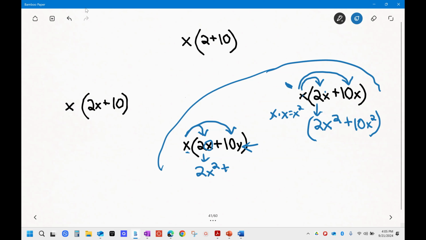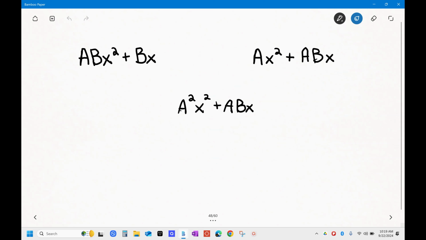You're just multiplying the x times the y, which is x times y is xy. Because y is another term for a question mark. It just means it's a different number than the x. So they had to use a different letter just to show that it's two different numbers that they don't know what they are. So if you take this x and distribute it over here to the 10y, you're going to end up getting 10xy.